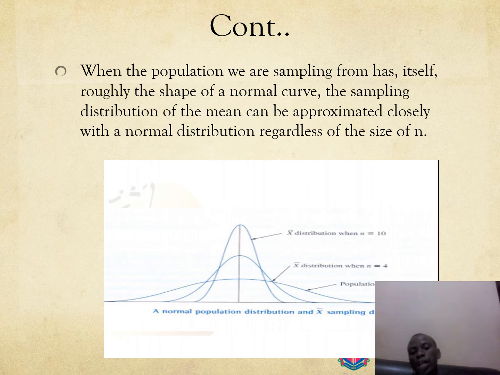And here we have the illustration of that. When the sample size is 10, 4, they're all closely normally distributed. So in case the population is normally distributed, chances are that the sampling distribution for the mean will be normally distributed, or approximately normally distributed, regardless of the sample size.